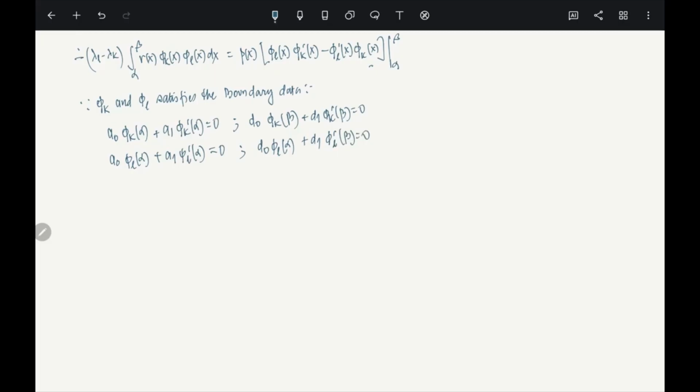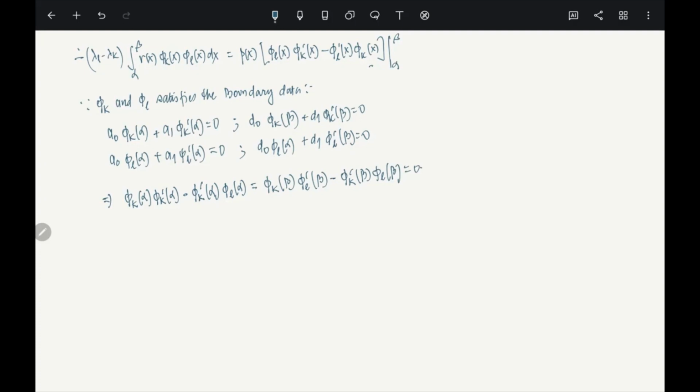Now you see, from these two conditions we have that phi k of alpha phi l prime of alpha minus phi k prime of alpha phi l of alpha is equal to phi k of beta phi l prime of beta minus phi k prime of beta phi l of beta, and this is 0, right?